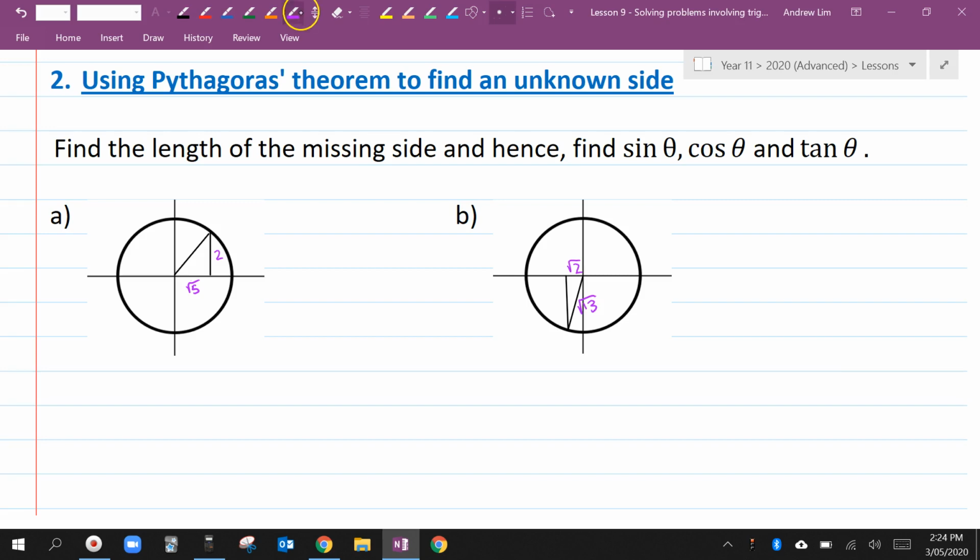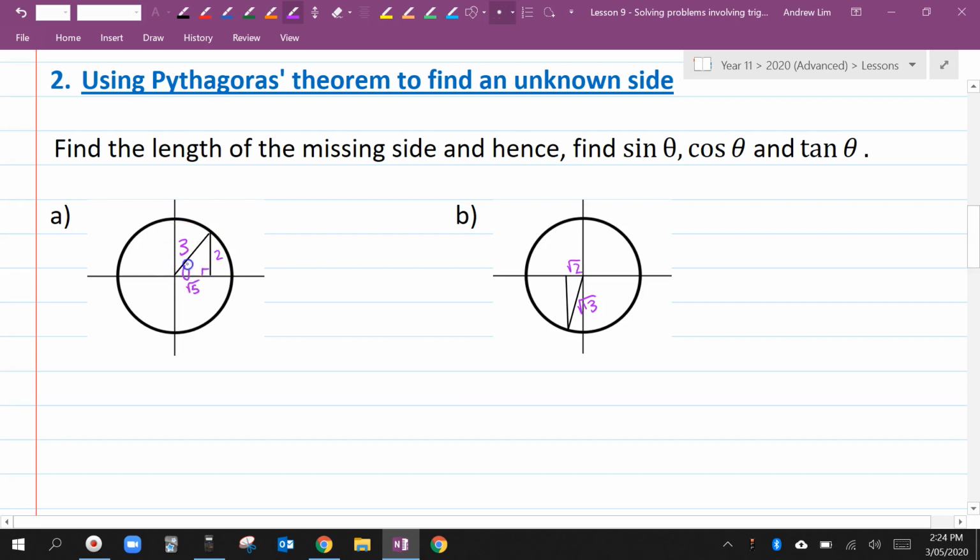So we need to find this missing side. We know that this is a right angled triangle, so we can use Pythagoras' theorem to work out the length of the hypotenuse. So we've got root 5 squared, which is 5, plus 2 squared, which is 4, so that's 9. Square root of 9 is 3.